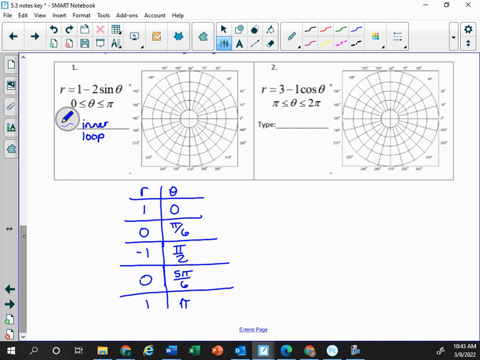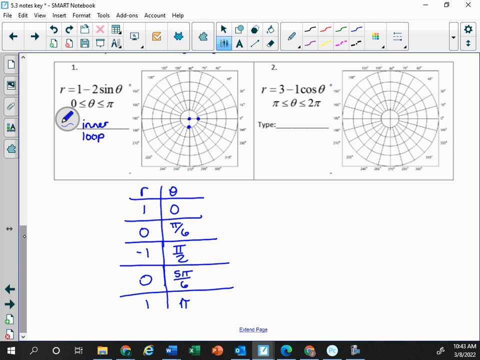Okay, let's plot them. 1, 0 is over here. 0 pi over 6, that's the pole. -1 pi over 2, that's down at the bottom here. 0, 5 pi over 6, that's a repeat of a dot we already have, right?